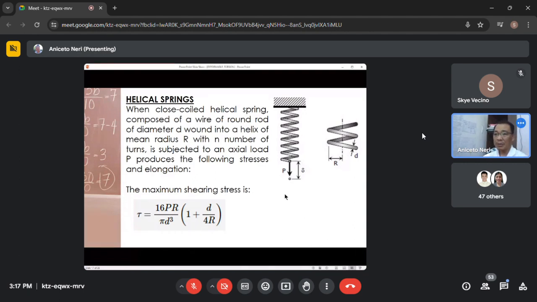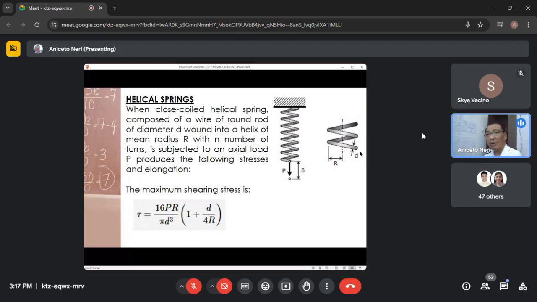Ano yung maximum stress? So, ang R dire, mean radius ang tawag or radius sa spring. From the center, paingon sa pinakakilid, radius na. Mean radius ang tawag. Ang symbol niya is capital R. While ang kining gamay nga d, diameter sa rod or wire.